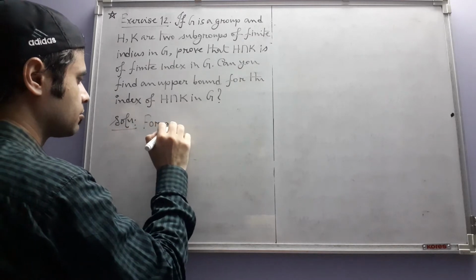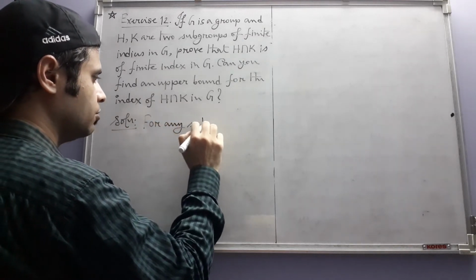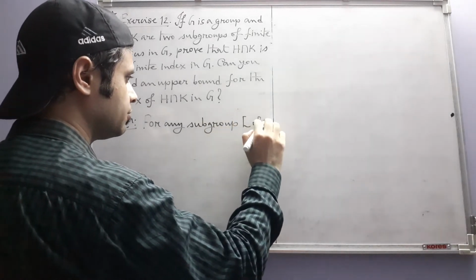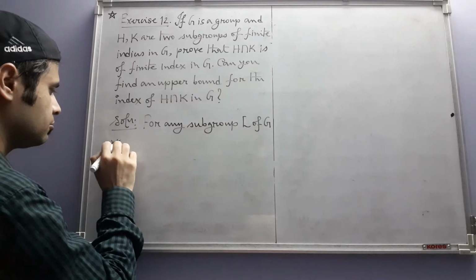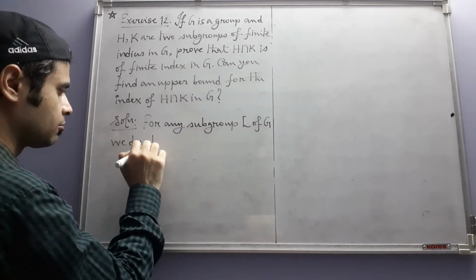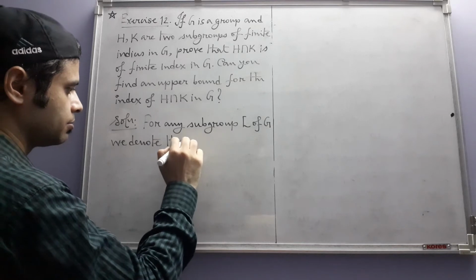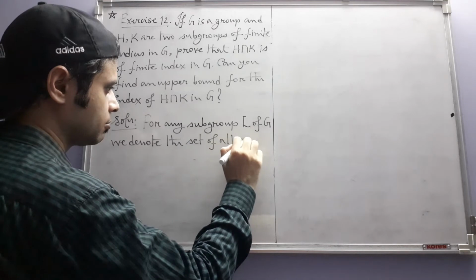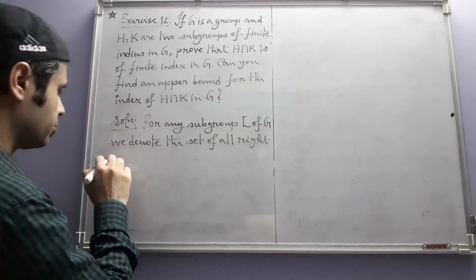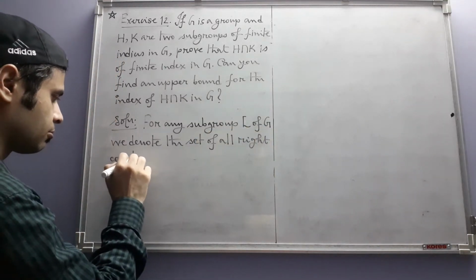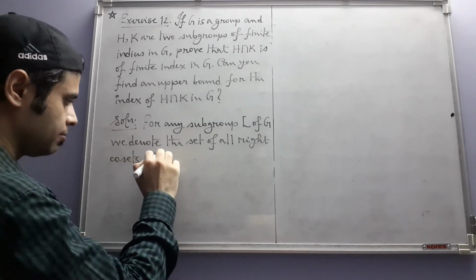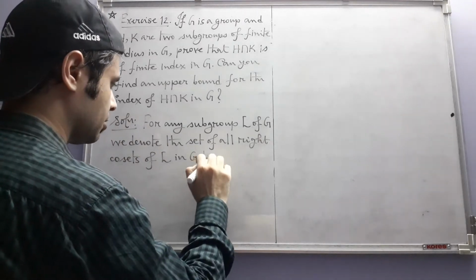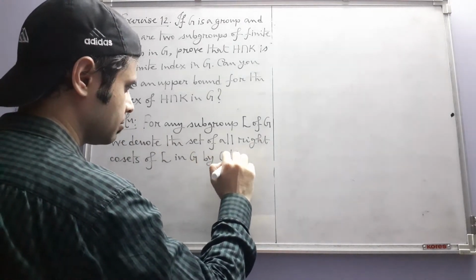For any subgroup L of G, we denote the set of all right cosets of L in G by this symbol, G by L.